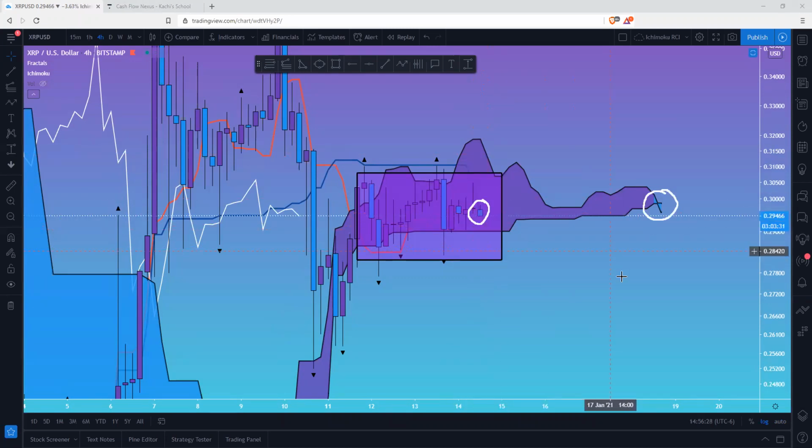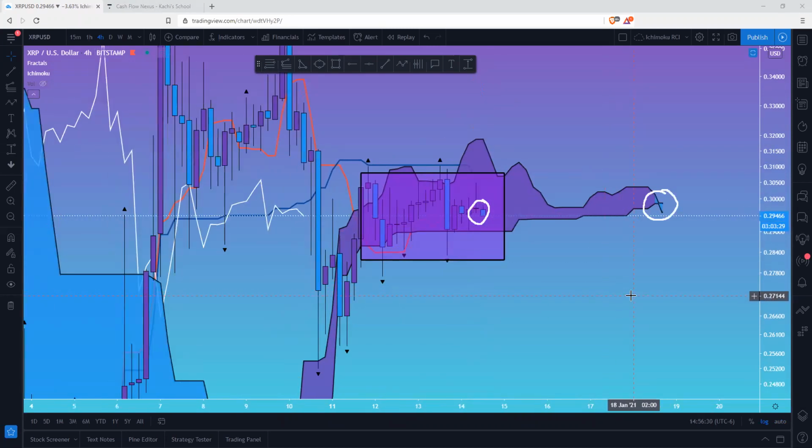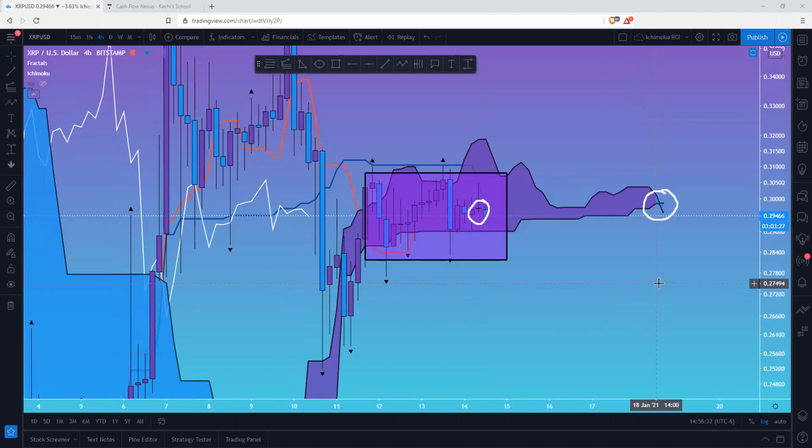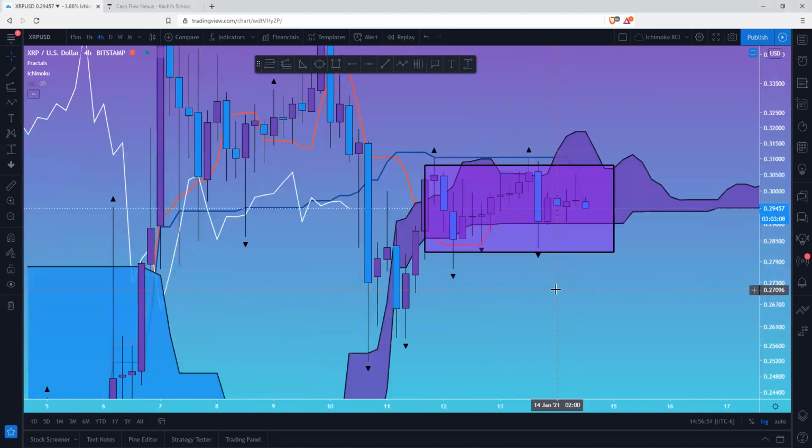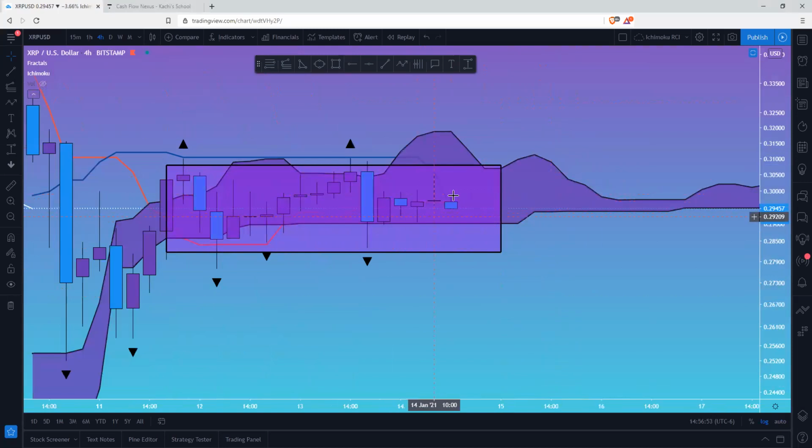It'd be the cloud twist for a bearish cloud. So we have a bearish cloud twist here, and the market is back into equilibrium right here. When the market is back in equilibrium, what is that telling us? That we could start looking for a trading opportunity again.